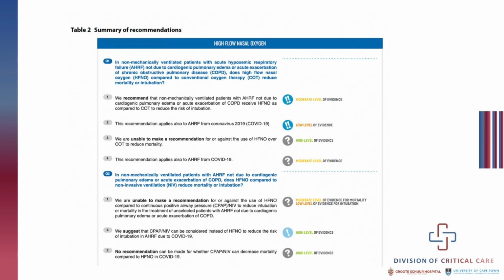It's certainly one of those things to think about when you've got a patient with acute hypoxemic respiratory failure. And I think high flow became quite popular during COVID, and there was a separate recommendation for patients with COVID pneumonia. And I think that was really because once patients got intubated with COVID, their outcomes were a lot worse.